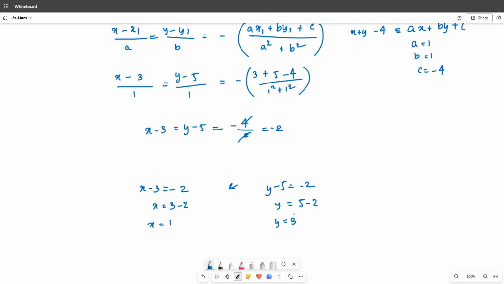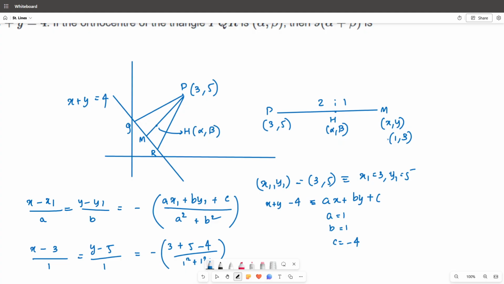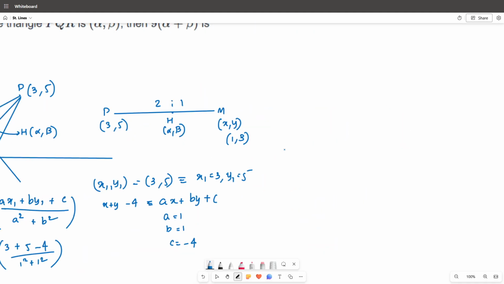So we found point M, that is 1 comma 3, and now we have P, we have M, and we simply need to apply the section formula to find the point H, that is the orthocenter of this triangle. So the section formula is the internal section formula. Here let this be x1 y1 and this is x2 y2, and we are doing it m is to n.